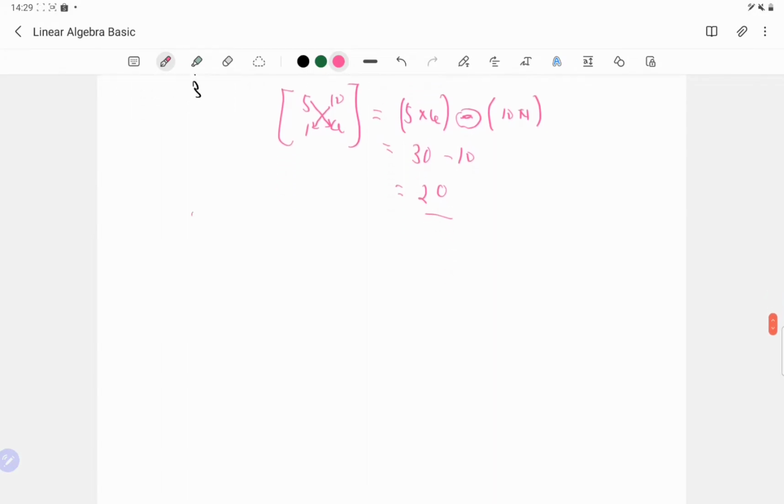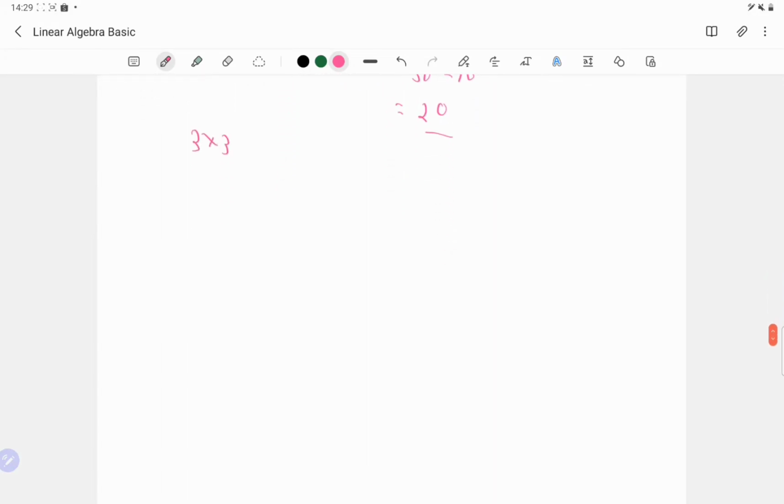How about for 3 by 3? It's a bit complicated. It's a long process. Suppose we have this 3 by 3. I'll make it small values so I won't have trouble multiplying later. Okay, this is the 3 by 3. The first thing you need to do is use this top row. First get the top row, first column, then do the 2 by 2 matrix.